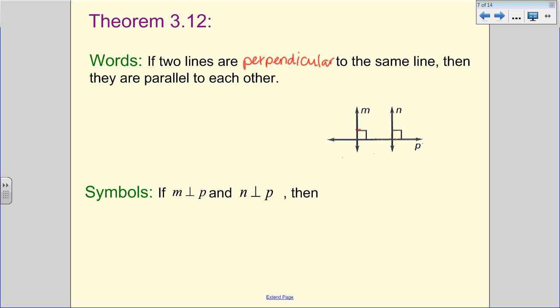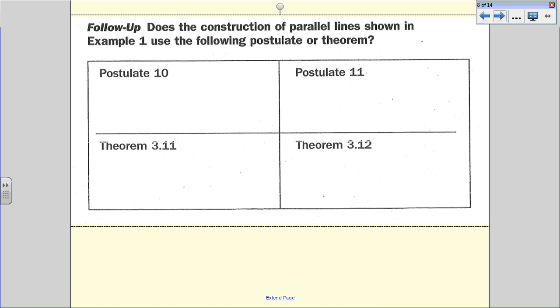So if M is perpendicular to P and N is perpendicular to P, if they're both in line P at a 90-degree angle, then we will say M is parallel to N. So that's our theorem. We can look at two lines being perpendicular to the same line and conclude that they're parallel, or being parallel to the same line and concluding that they are parallel.